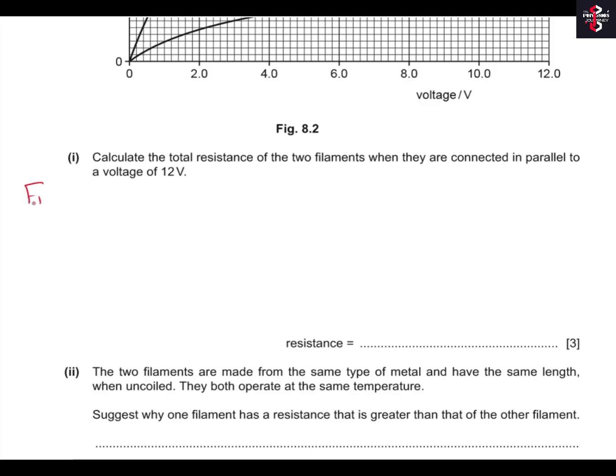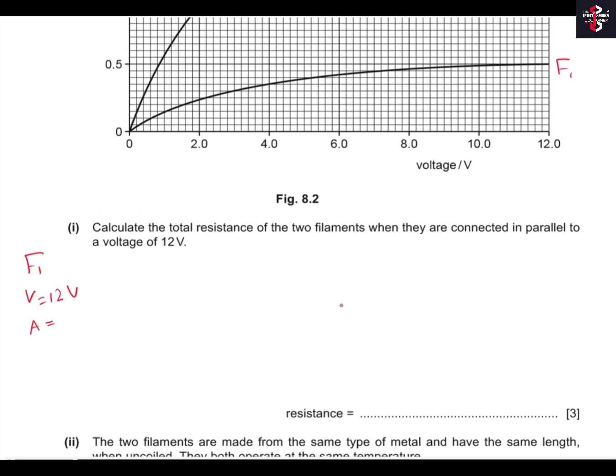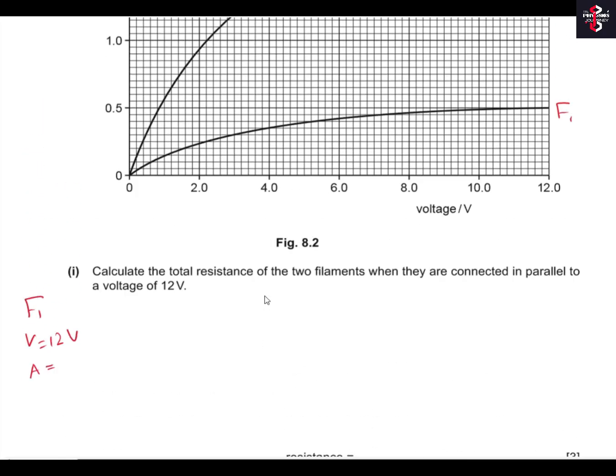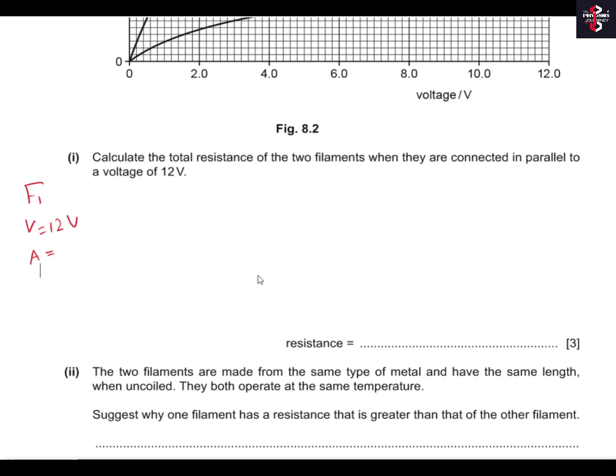First of all, for filament 1, V equals 12 volt and the current is 0.5 ampere. R equals V by I, 12 volt by 0.5, so R equals 24 ohms.